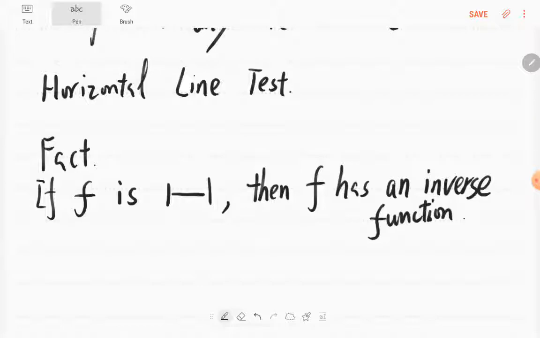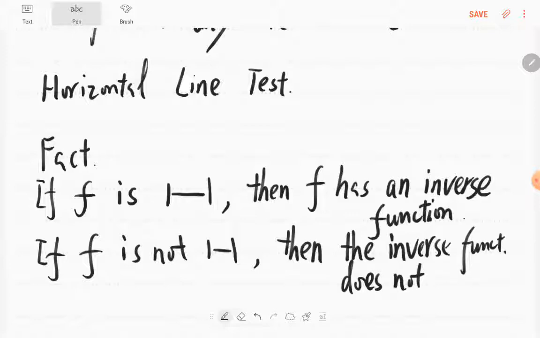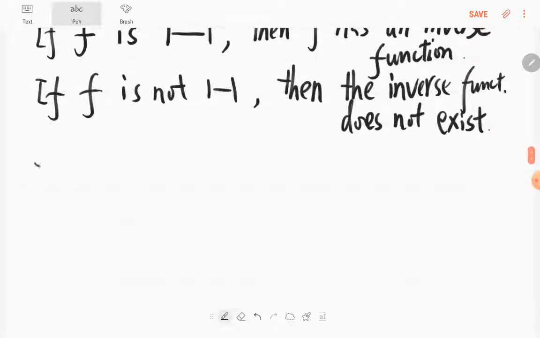If f is not one-to-one, then the inverse function does not exist. So the question is, what is an inverse function?